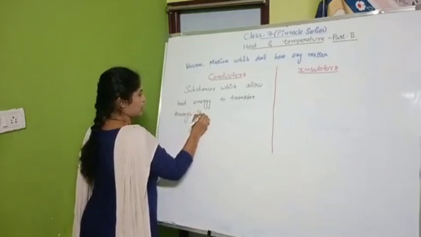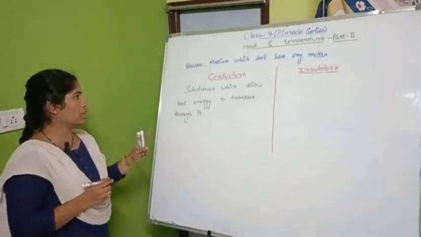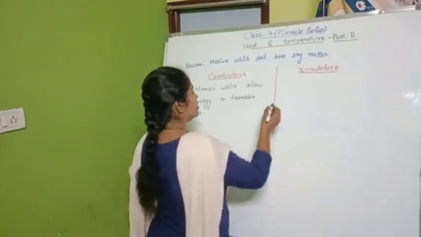Substances which allow heat energy to transfer through it, we call them conductors. Insulators, opposite.